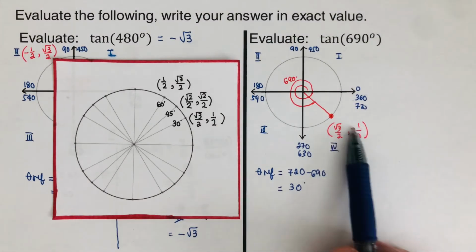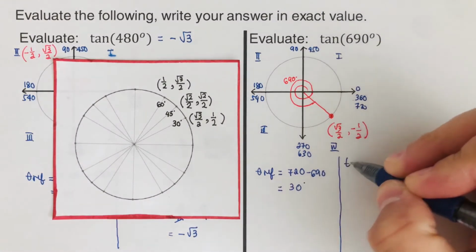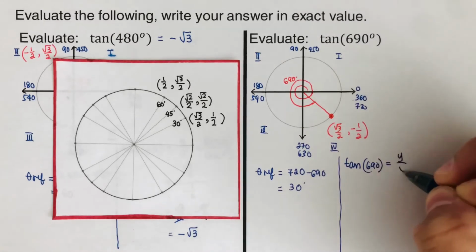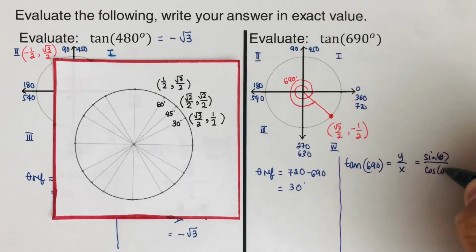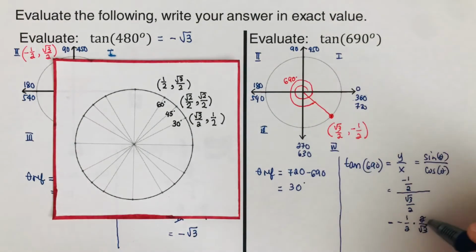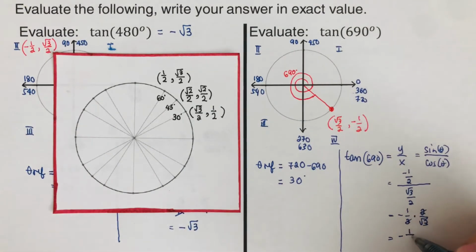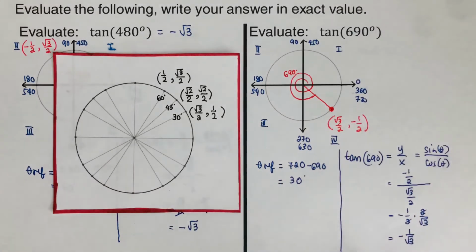So none of them is a tangent, but we can determine the value of the tangent by using the formula. Okay, so the value is negative 1 over square root of 3.